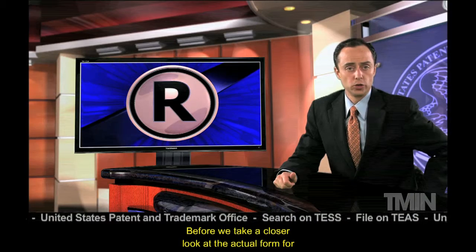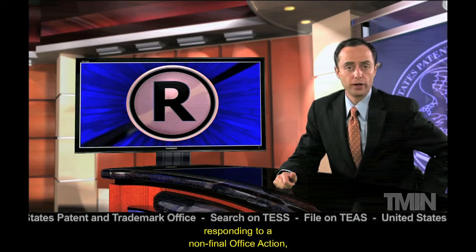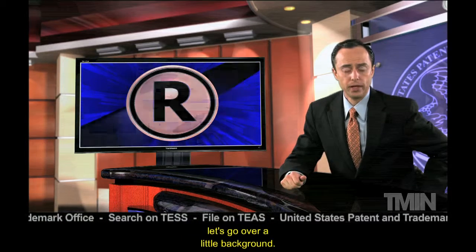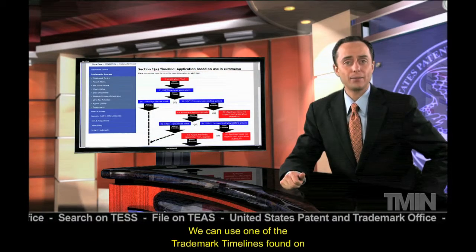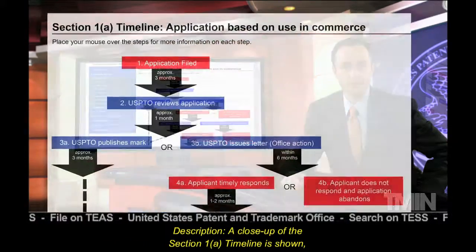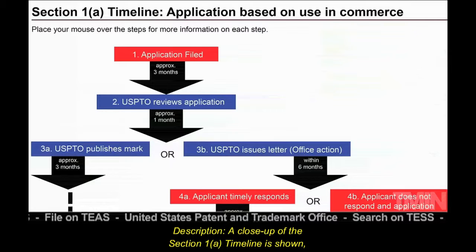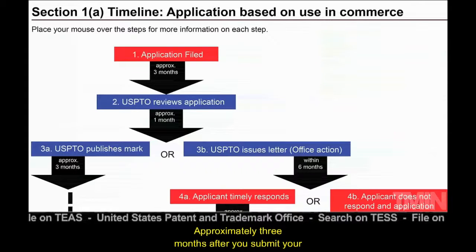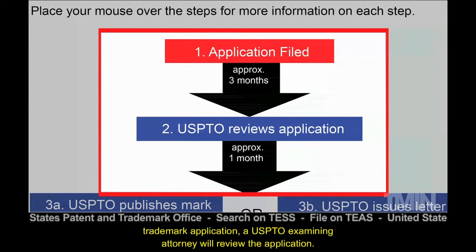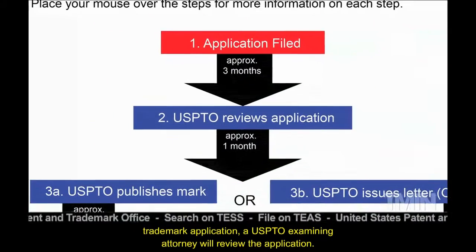Before we take a closer look at the actual form for responding to a non-final office action, let's go over a little background. We can use one of the trademark timelines found on the USPTO.gov website for reference. Approximately 3 months after you submit your trademark application, a USPTO examining attorney will review the application.